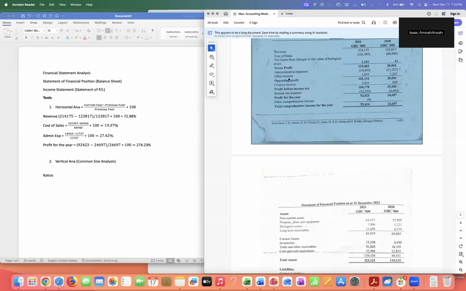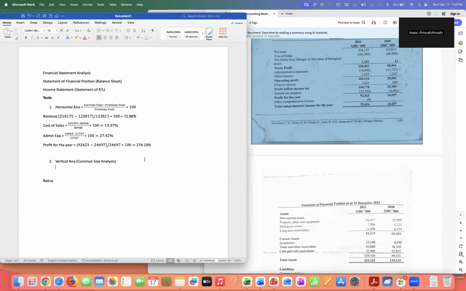Okay, so let's see. If you're picking up on the statement of profit or loss, the formula that we're going to use will be each of the items. You see, we have a lot of items. Raina, your hand has been up, so put it down. Forgive me.